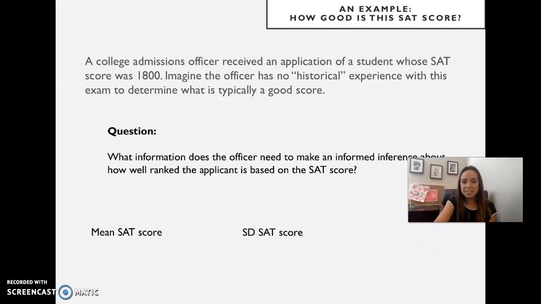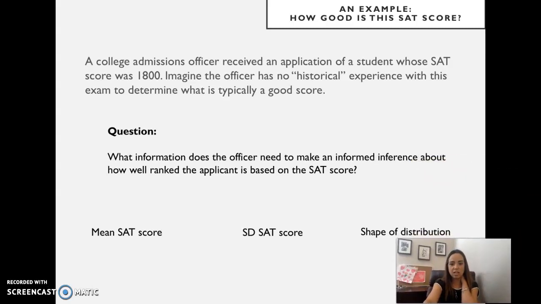And third, to do those computations, we need to know the shape of the distribution. So with these three pieces of information in hand, even somebody that has no historical context with SAT scores can actually interpret the result of the test. Let's see how.